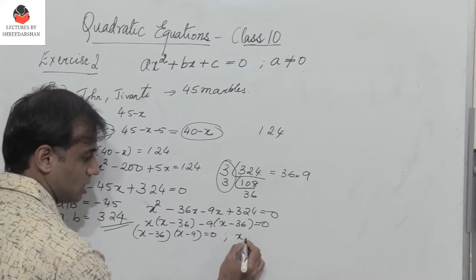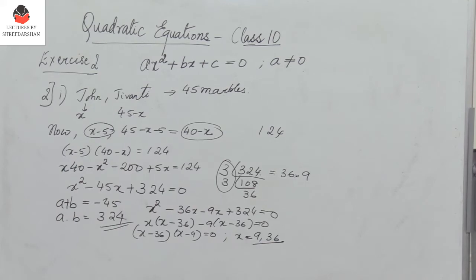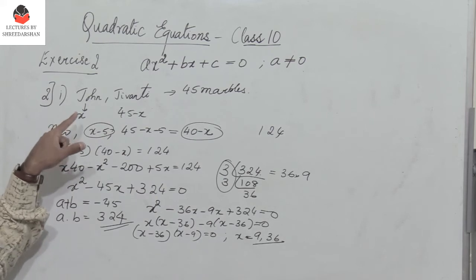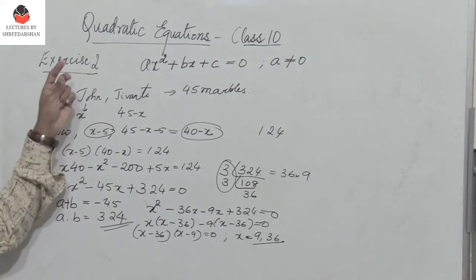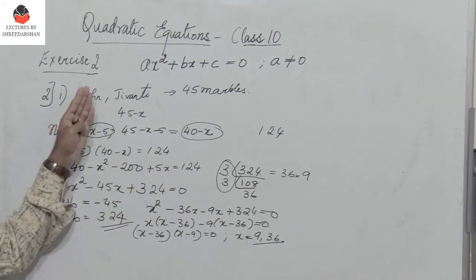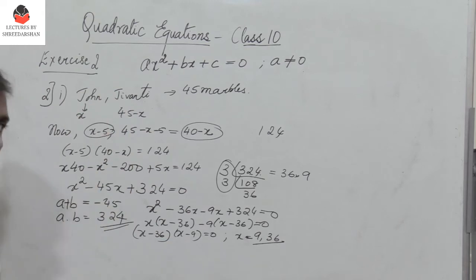So what is x? x is either 9 or 36. What does this mean? This means that if John has x marbles, which is 9 marbles, Jivanti will have 36. Or if John has 36, Jivanti will have 9 marbles. So that is the conclusion we make.